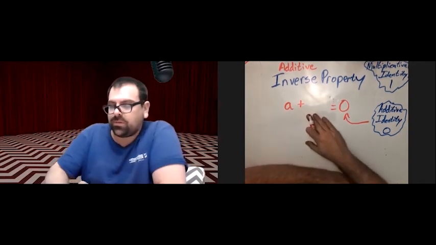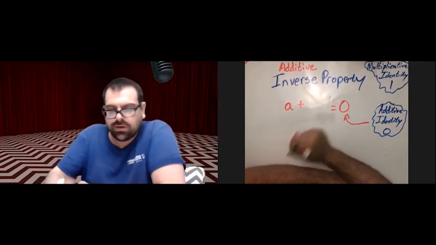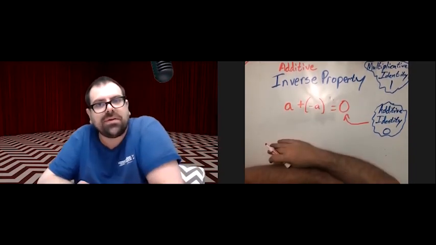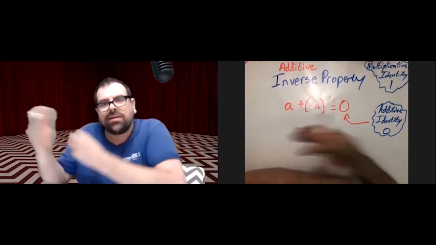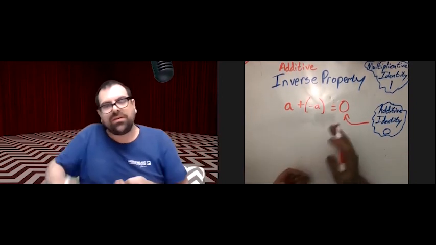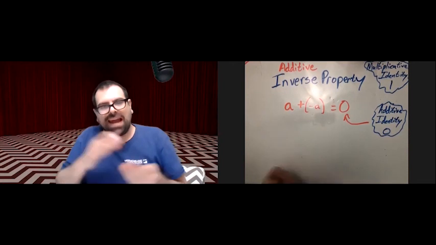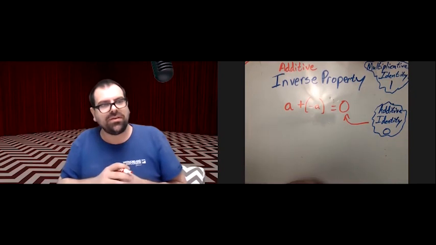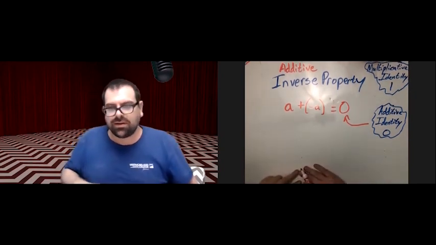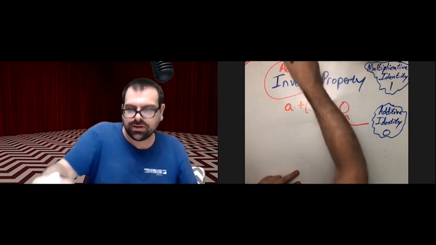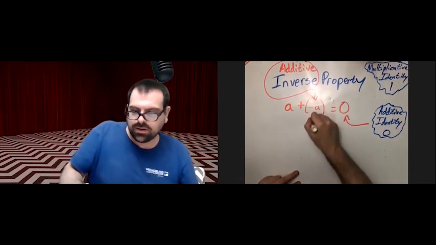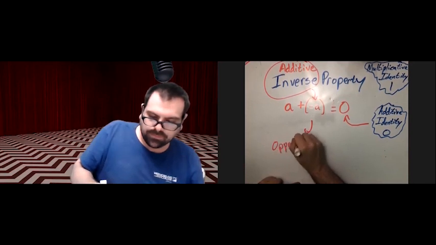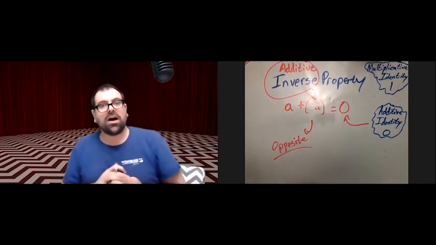A plus what is 0? Well, A plus the opposite of A is 0. That's what an opposite is. Two things you add together that give you 0. An additive inverse is the thing you add to a number to give you 0. The additive inverse is the opposite.